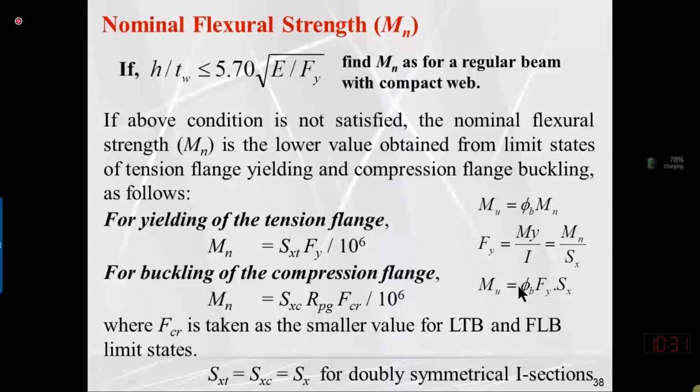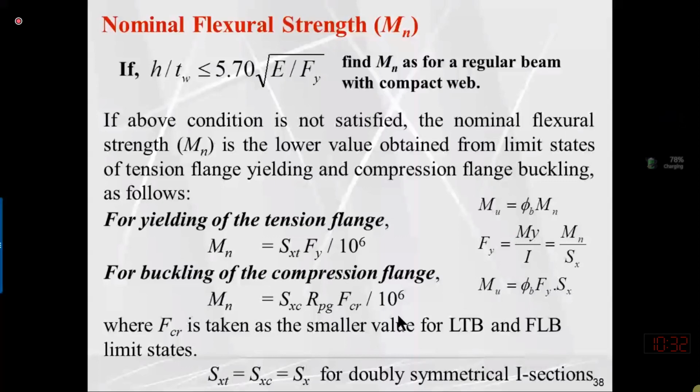So for a doubly symmetric I section, the tension flange, because the flange which is in tension, will always be stable. It will never undergo buckling. So the nominal moment carrying capacity will be this one. But when a beam is subjected to applied bending moment, one side is in compression, so the flange which is in compression may undergo buckling, because whenever any structural component is subjected to compressive force, it may undergo buckling.